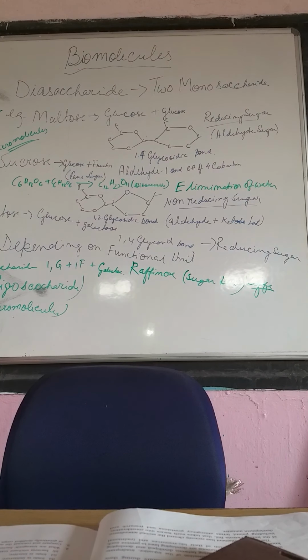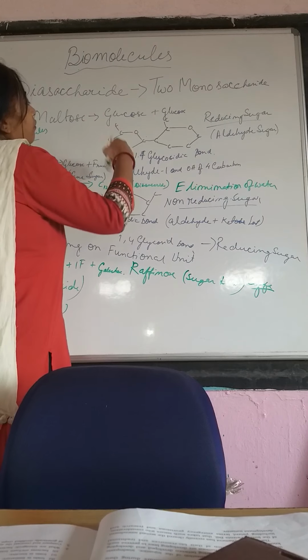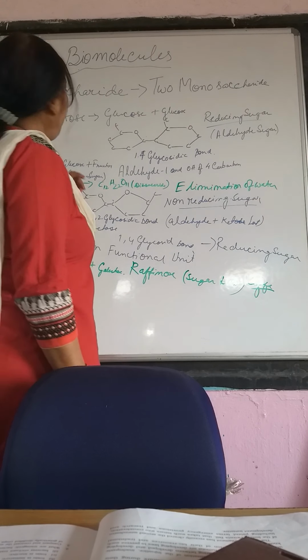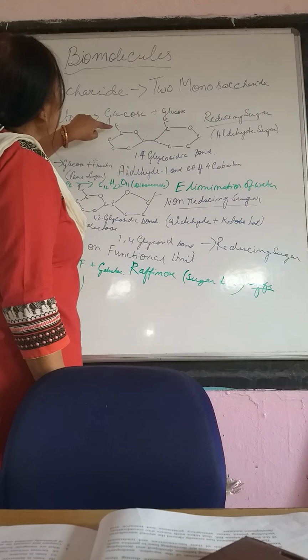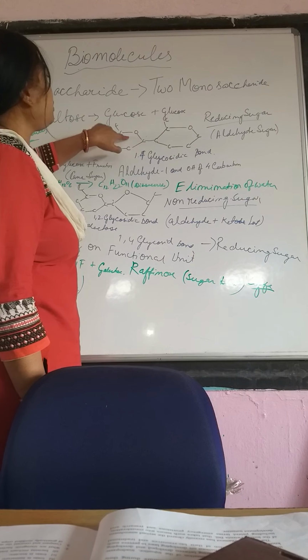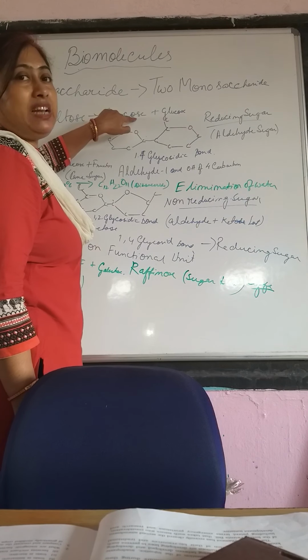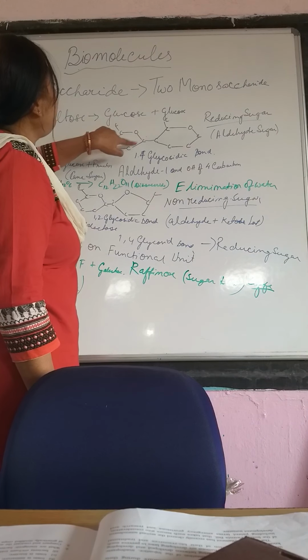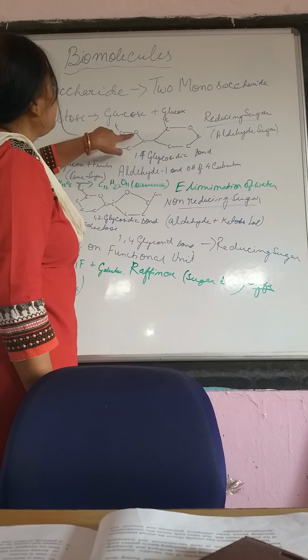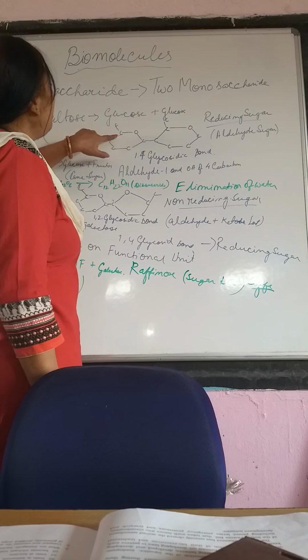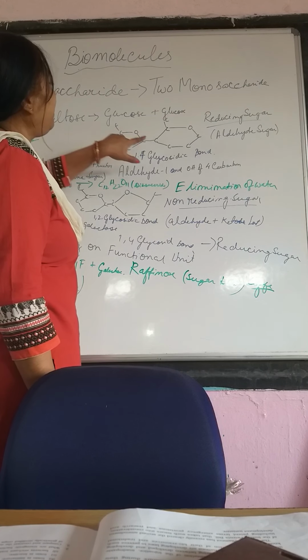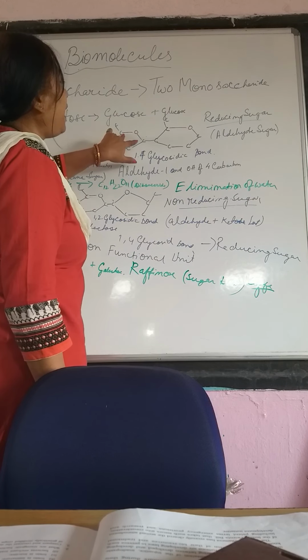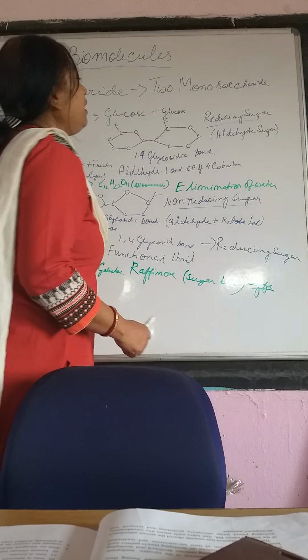Now if you remember the structural diagram of the glucose molecule, we already know that this is an aldose sugar. The functional group forms a ring structure, with the oxygen in the fifth position, and they are joined together by a glycosidic bond.